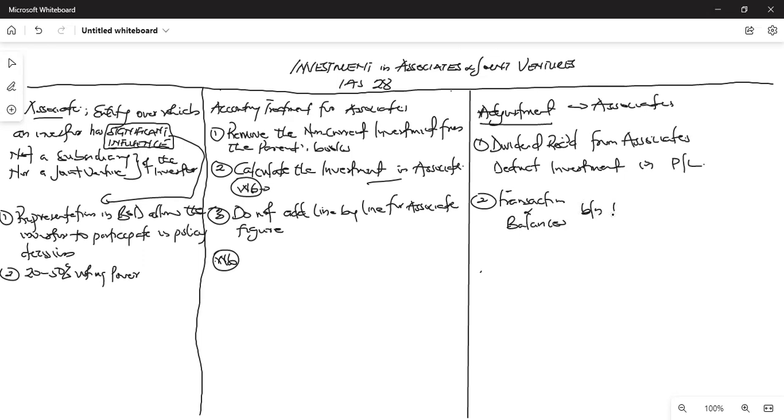between parent and associates are not removed. Why? Because the associate is not part of the group.